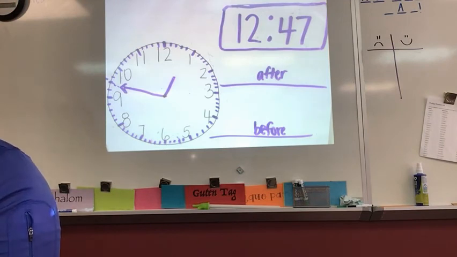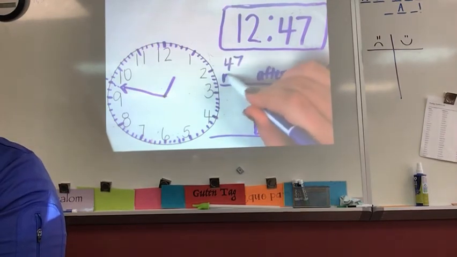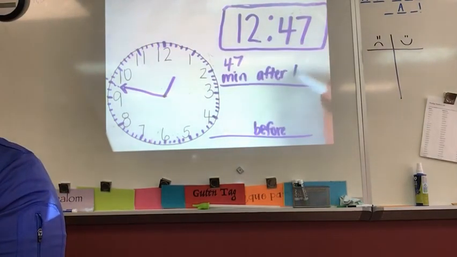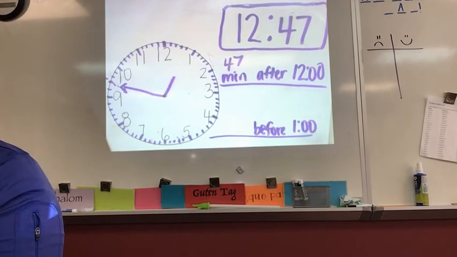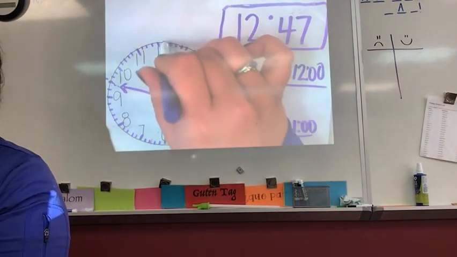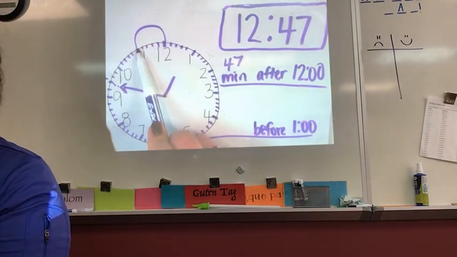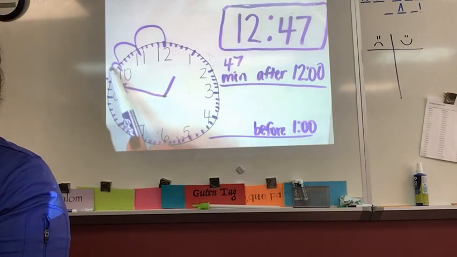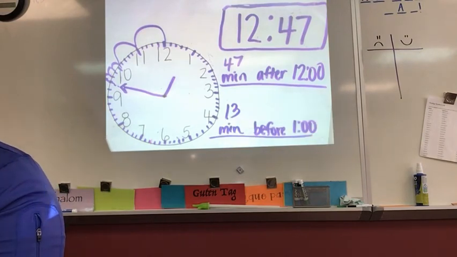All right, girls, if we crisscross, we have gone 47 minutes after 12 o'clock, which means we are before 1 o'clock. To figure out how many minutes we would still need to go to get to 1, we would count back from that o'clock hour. Ready? 5, 10, 11, 12, 13. 13 minutes before 1 o'clock.